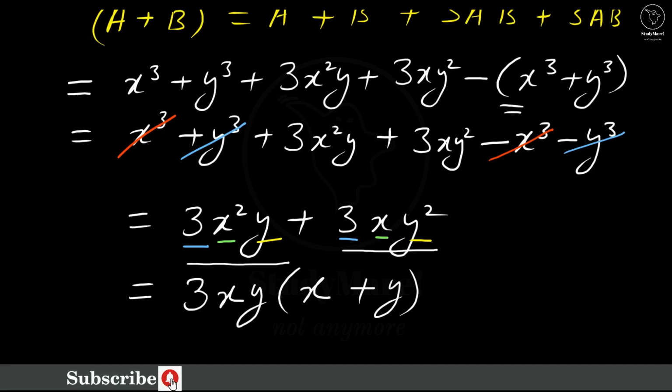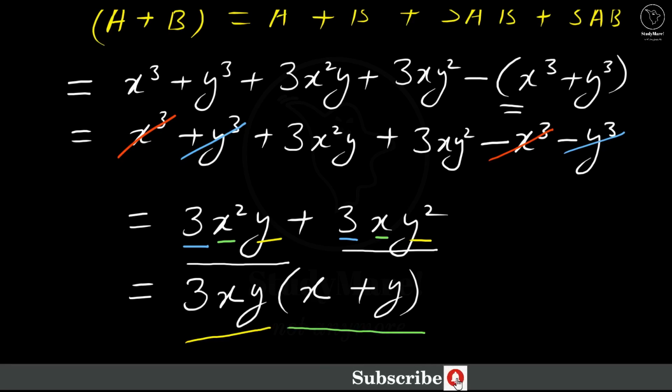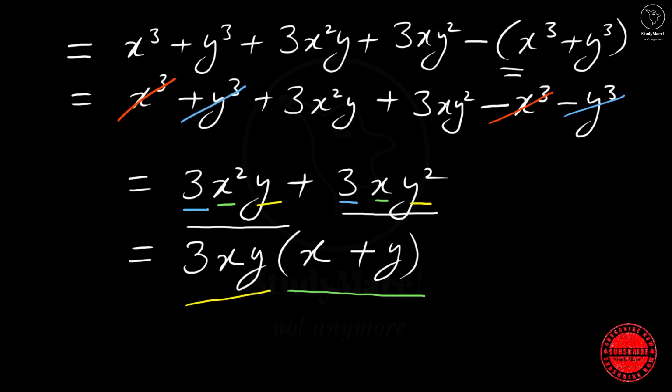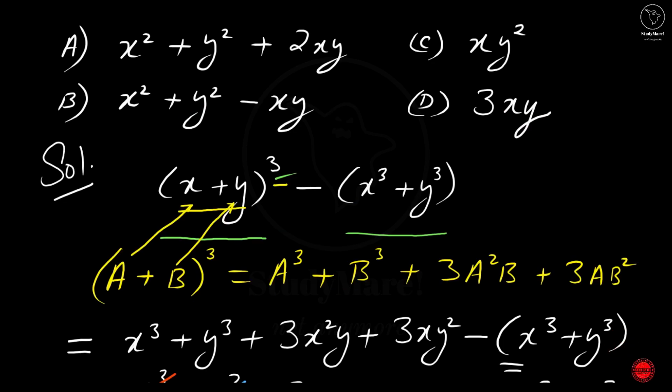We got two factors: one is 3xy while the other is x plus y. Now let us look at the options and see if 3xy and x plus y are there. Yes, we have 3xy. This is the right option.